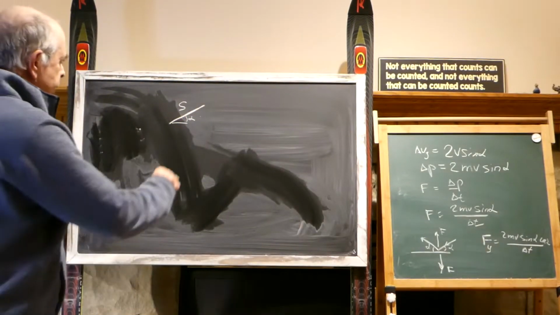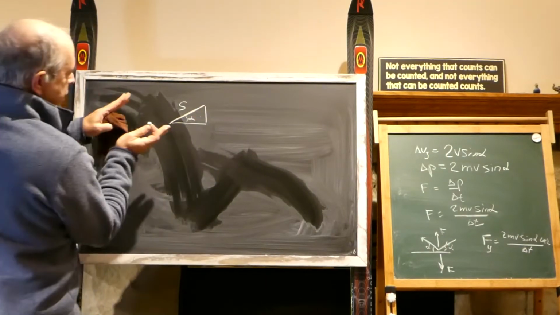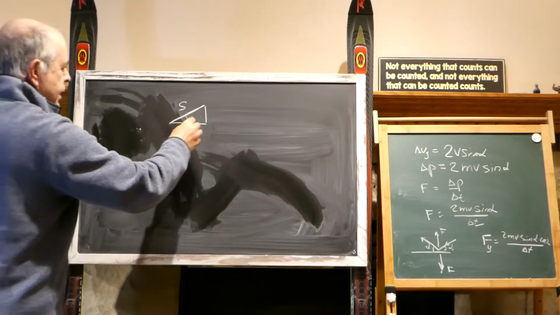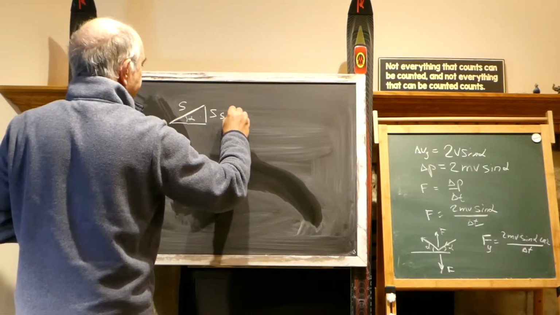And let's put the projection of the wing on this surface. So this would be S sine alpha.